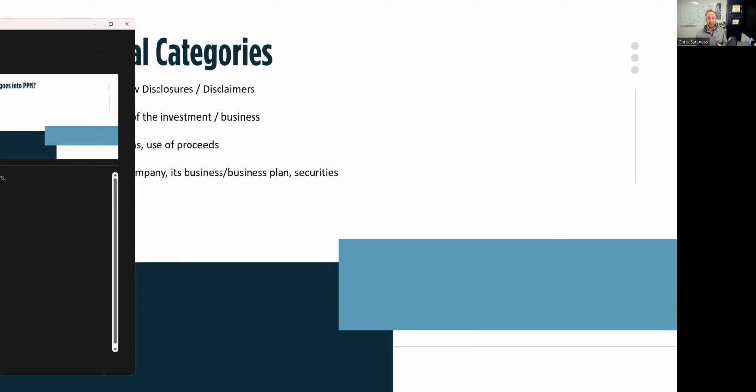The offering terms and use of proceeds. So, we're selling you shares of stock at $1 a share, and you have to put at least $10,000 in to invest, that kind of thing. What are the proceeds being used for? Information about the company and its business, kind of like a mini business plan or executive summary, is in the PPM, saying what are we going to do with your money and what's the purpose of our company.